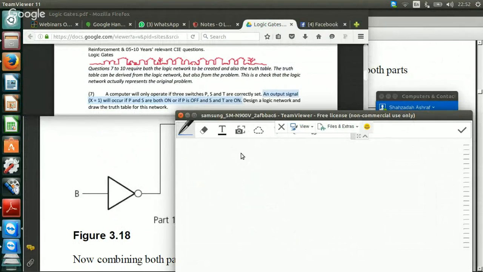What does this mean when we say on in logic gate or in computer world? On is 1 basically, and off is 0. On is high and off is low. So this is how it goes. P and S both are on. This means P is 1 and S is 1.